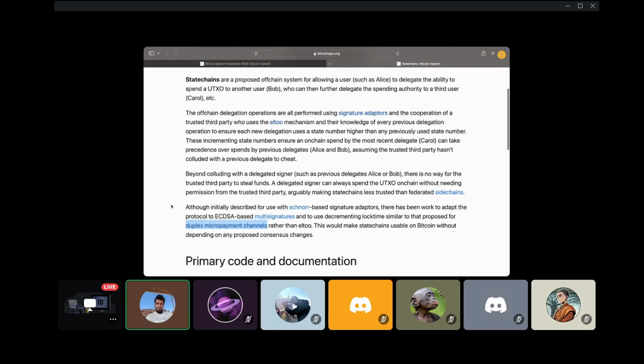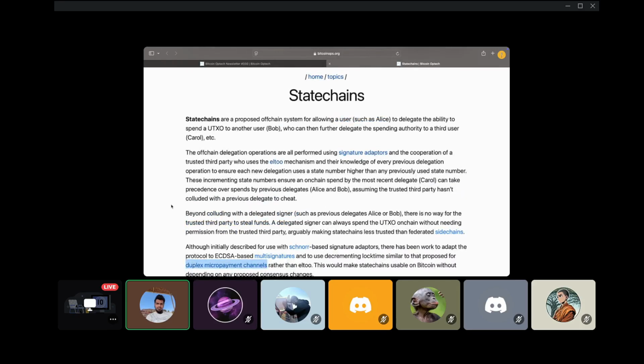So what are state chains basically? State chains are off-chain or layer 2 protocols where it is possible for the ownership of a UTXO to be delegated from person A to person B without going on-chain, via collaborating with a trusted third party.